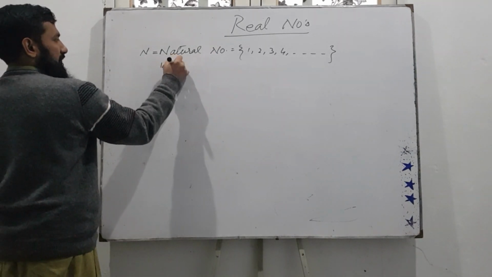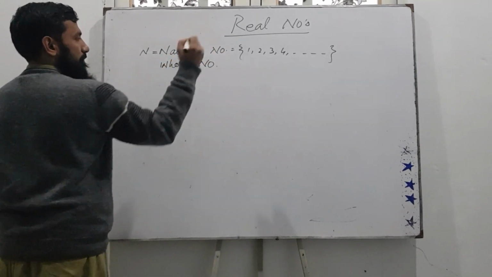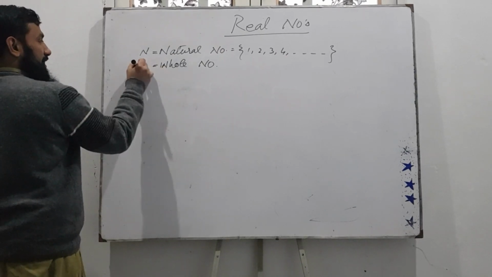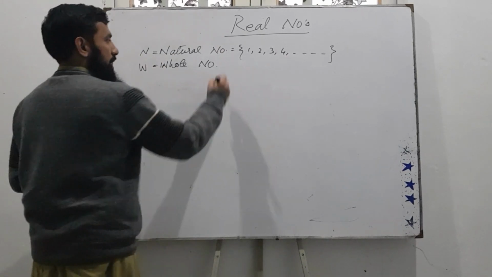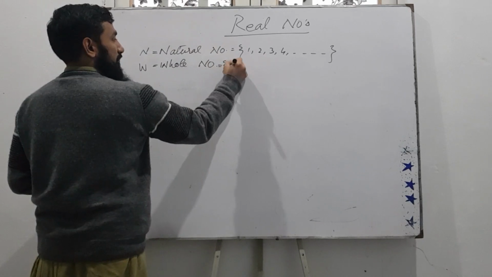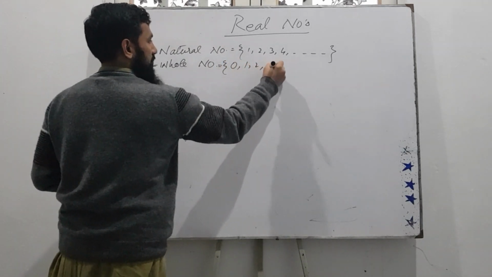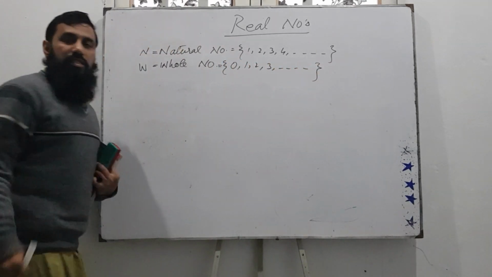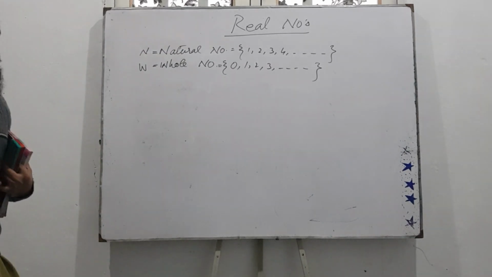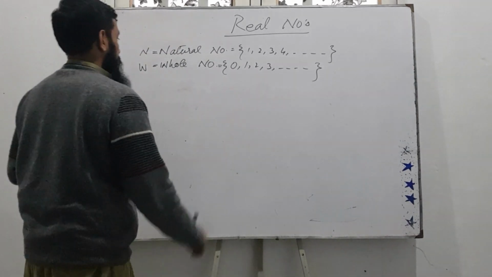Then the set of whole numbers is represented by capital W, and that set includes 0 as well as all the natural numbers. It means 0, 1, 2, 3, 4, 5 and so on.